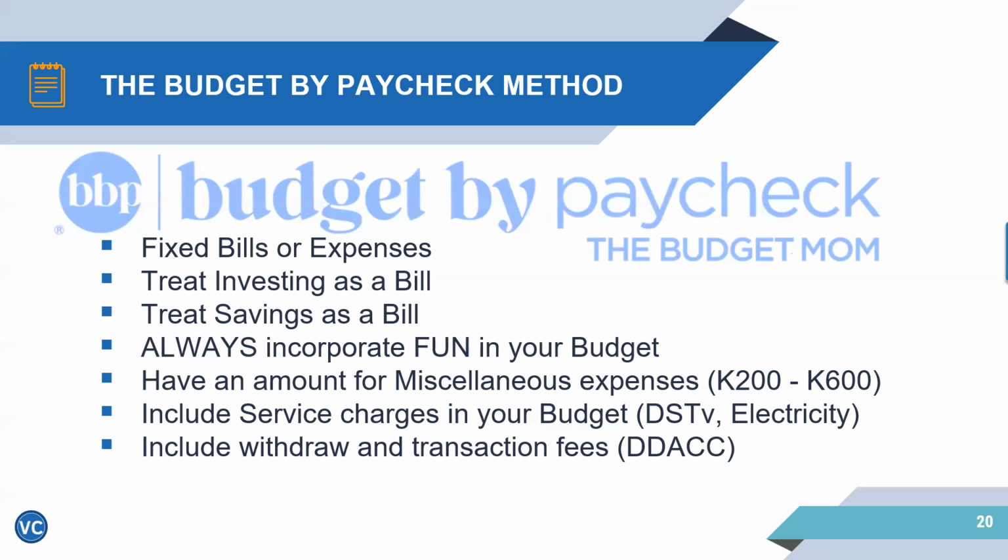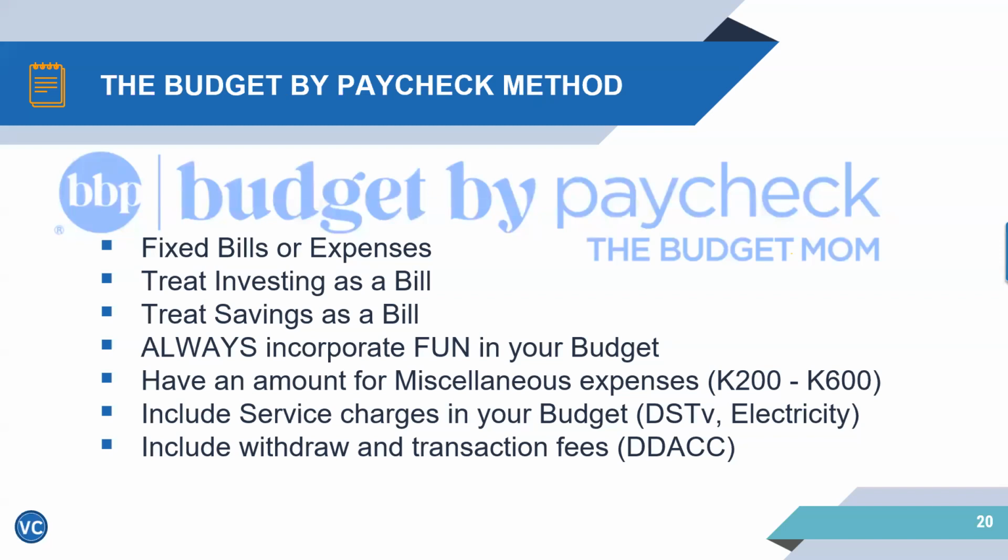Then 3, you sit down on a beautiful Saturday, pour yourself a nice cup of tea, wine, ice cream, or whatever it is that will get you excited about looking at your finances for that month, and then do what we call a budget recap.